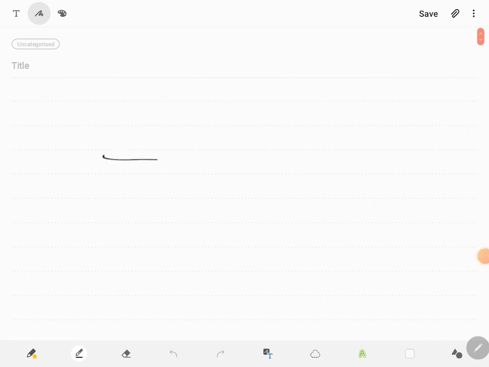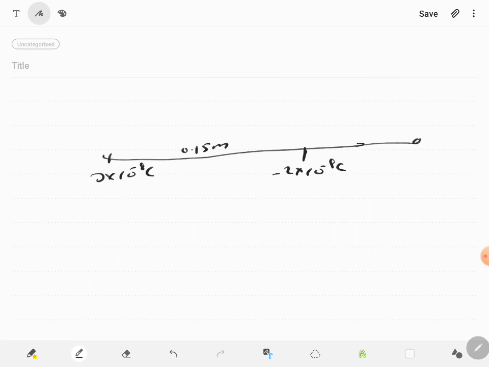As I told you, even at the other extreme, this charge is 3 into 10 to the power minus 8 coulomb, and this point here is minus 2 into 10 to the power minus 8 coulomb, where the distance of separation is 0.15 meter, and you can also have the potential here to be 0. In that case, I'll assume the whole distance as x, so this will be x minus 0.15.